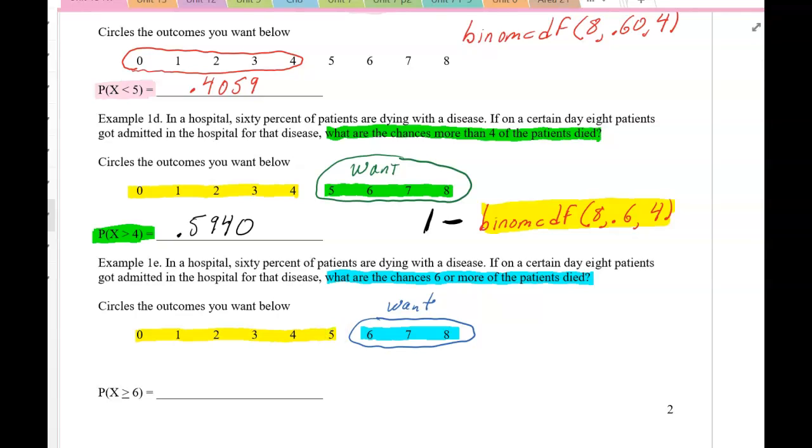So on my calculator, I will do binomial CDF 8, 0.6, 5. That'll give me the yellow number. But since I want 6, 7, or 8, I must do 1 minus that.